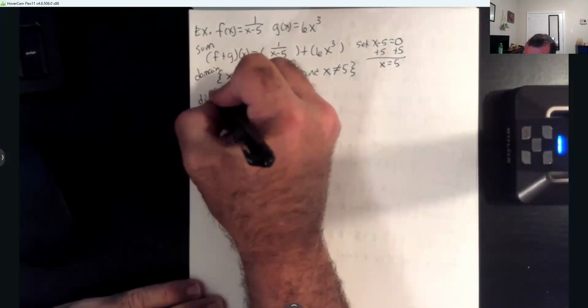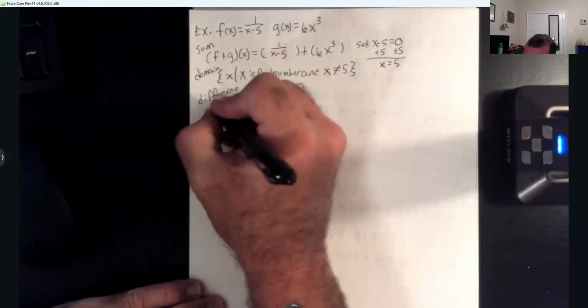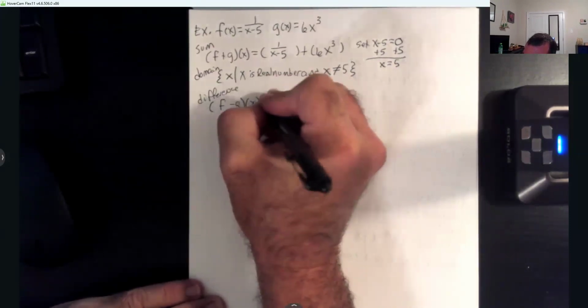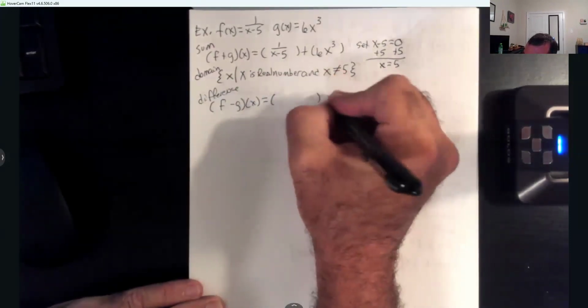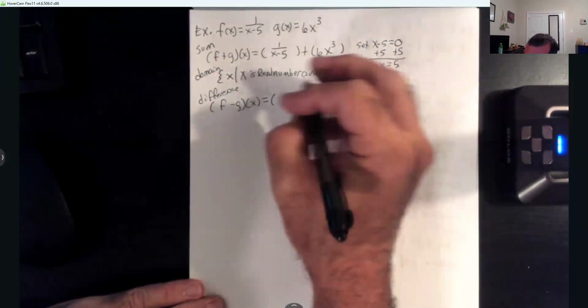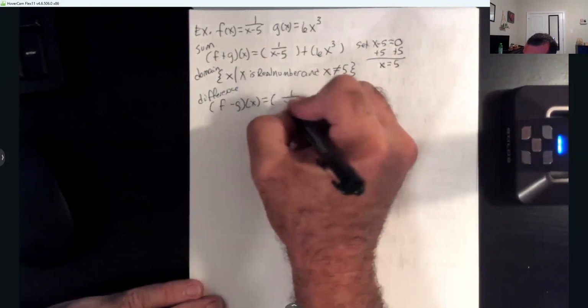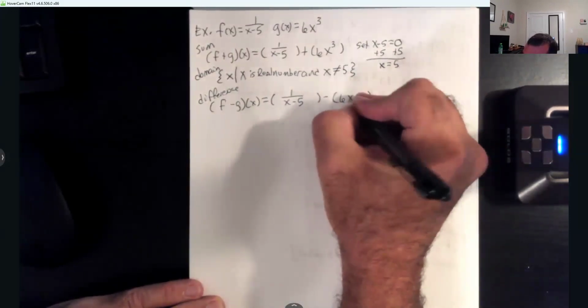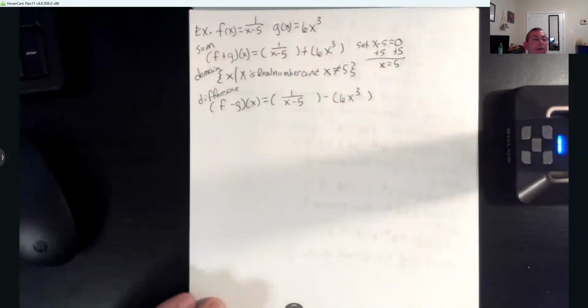All right, so let's see, difference. That's going to be f minus g of x, which will equal my f minus my g. So y'all, that's 1 over x minus 5. And g was a 6x to the third. So y'all, guess what?